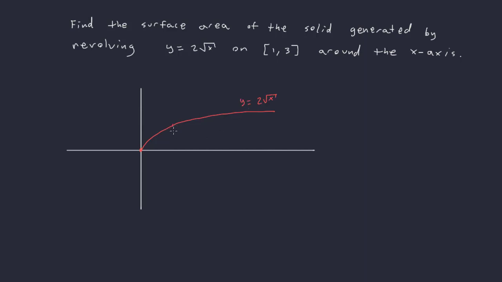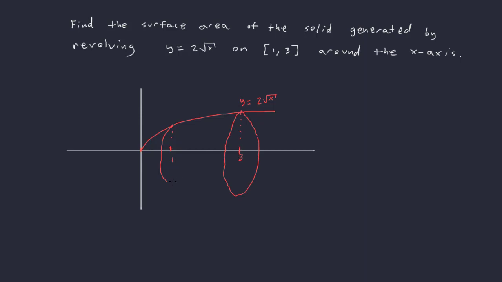And we're looking at from 1 to 3. Okay. And what we're doing is revolving this shape around the x-axis.